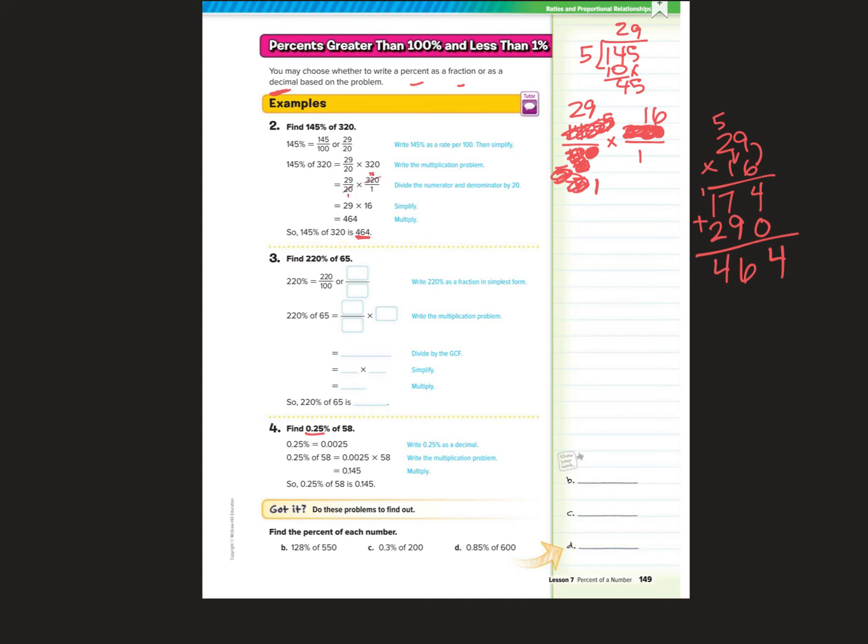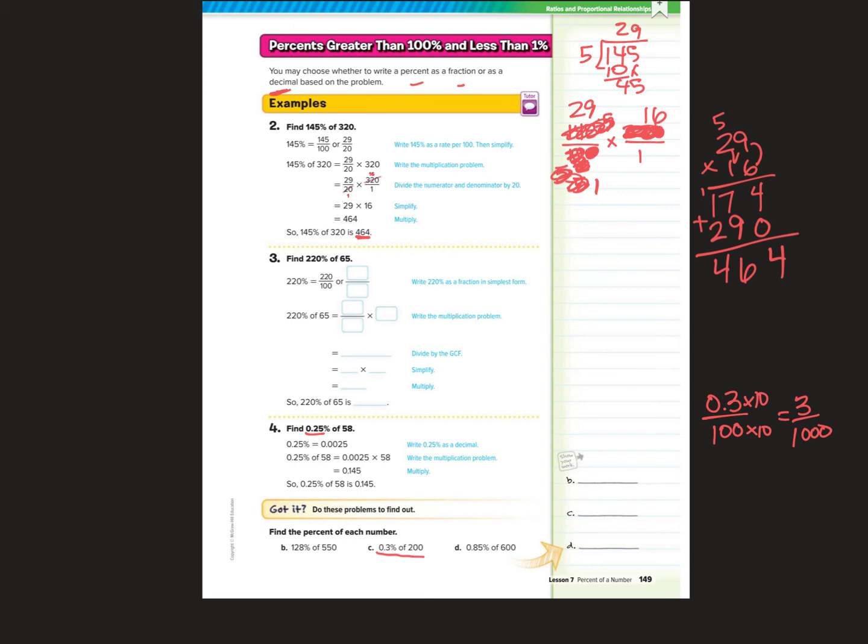Oh, that's a decimal percent. Well, that looks like a headache. Let's do one of these guys down here. 0.3% of 200. So that means I would do this over 100. Then I would want to multiply them both by 10 to get 3 over 1,000.